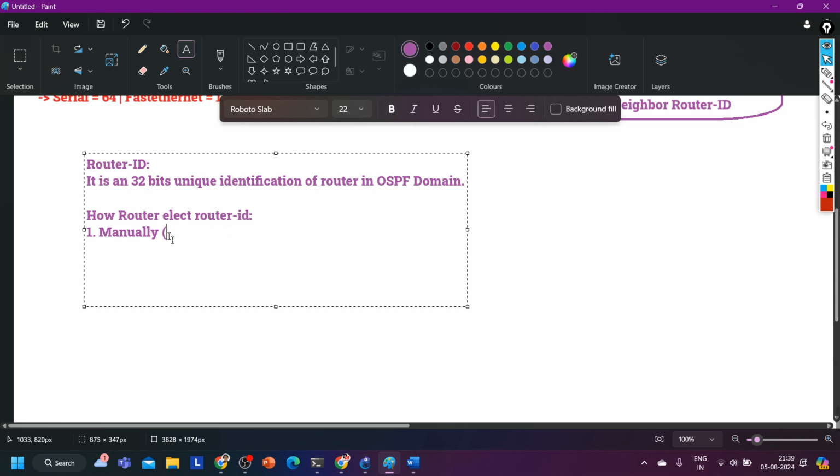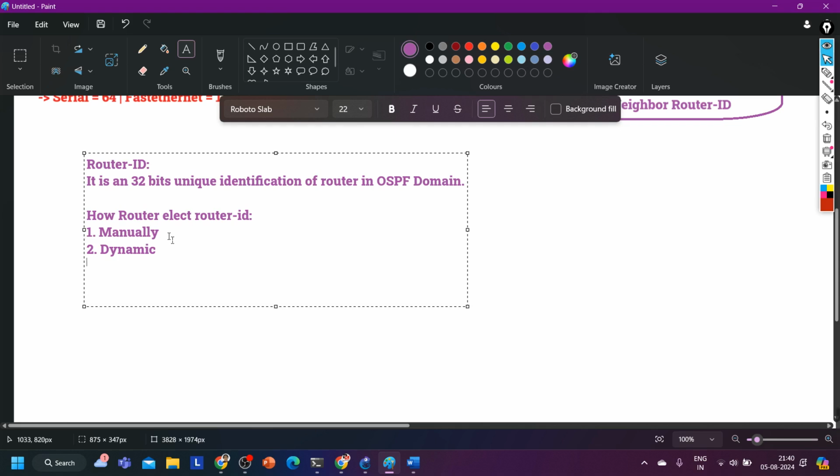But what if you do not define the router ID manually? Then the router is going to select it automatically, right? That is the dynamic method. Now the question is how the router is going to select the router ID dynamically. As you know, the router ID is a 32-bit address represented in IPv4 format. The router is going to check its loopback, right?